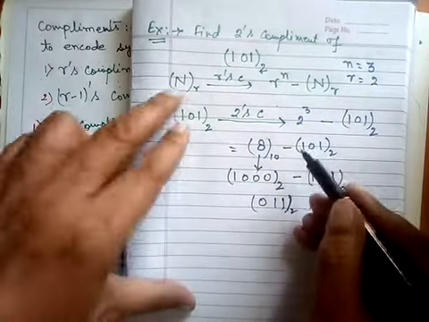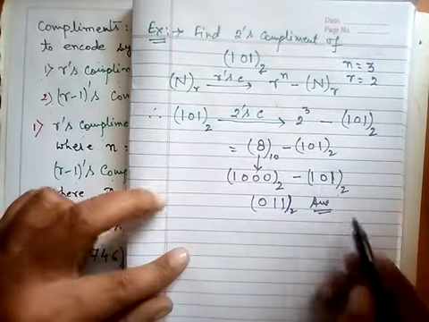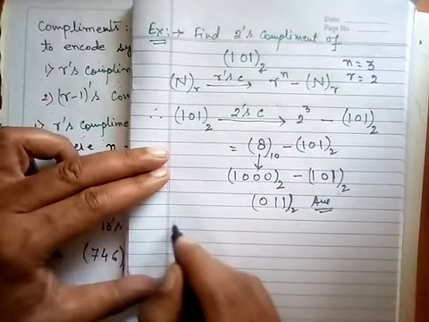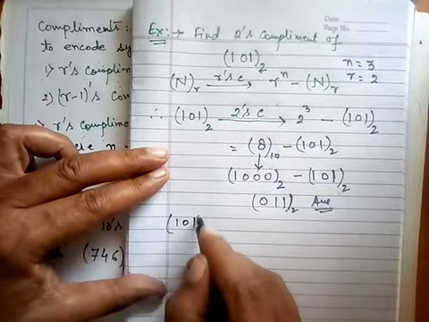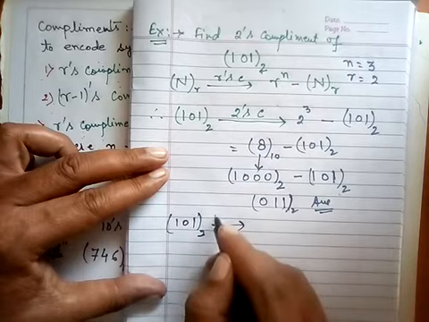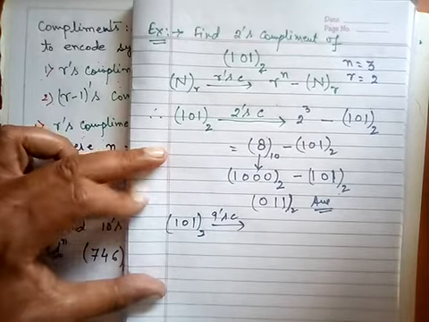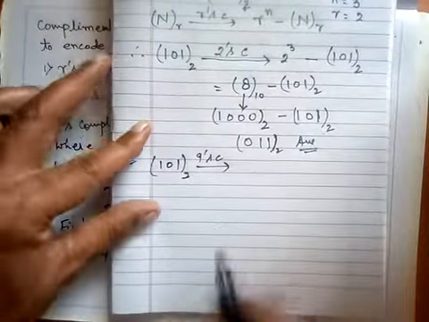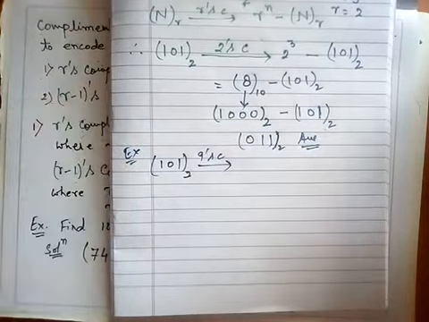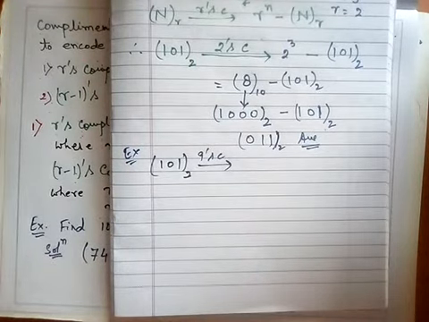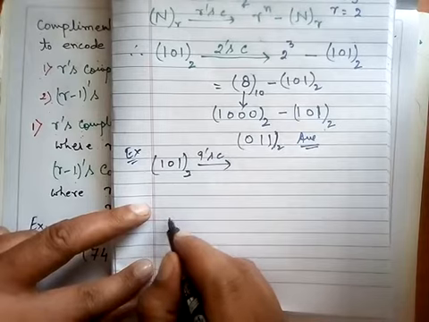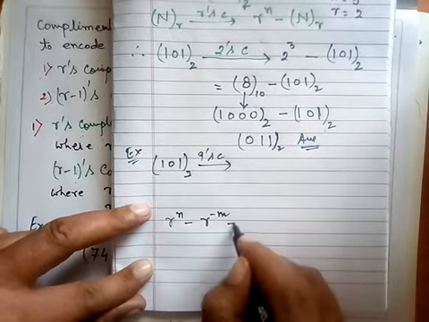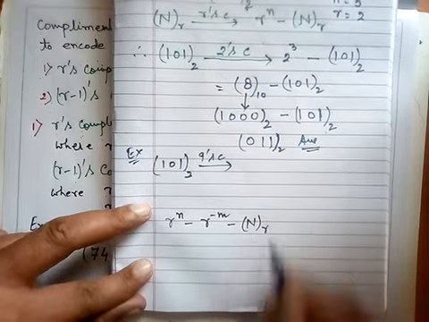Similarly, I can find the 1's complement of this number also. Suppose I say 101 base 2, what is its 1's complement? Another example, an extension of this example. The formula for r minus 1's complement says it is equal to r to the power n minus r to the power minus m minus the number with base r.